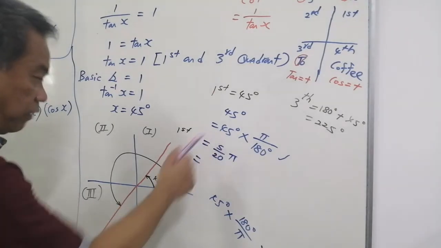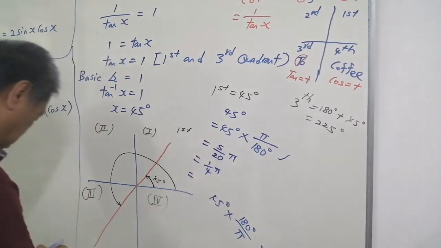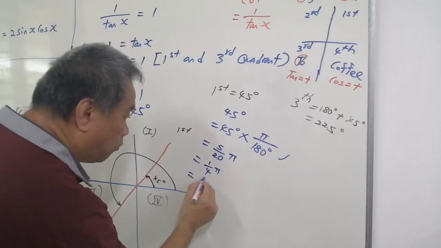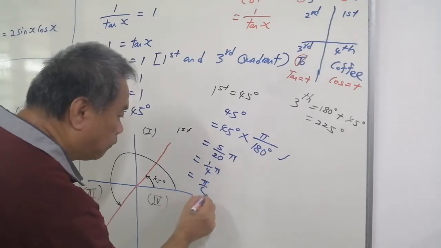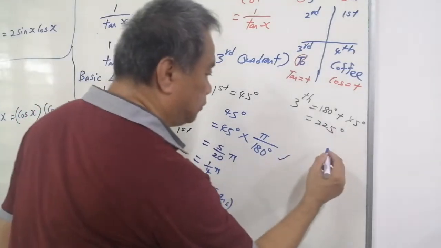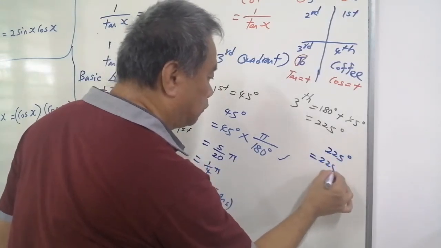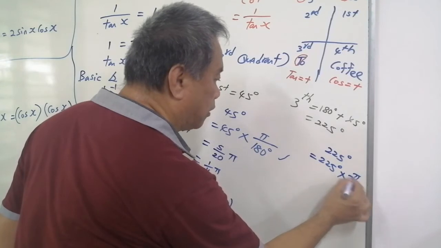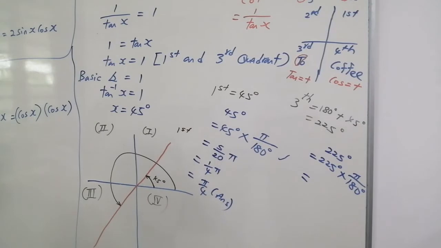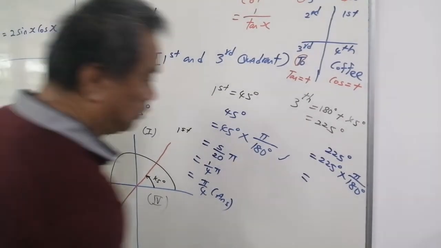Divide by 5, 1 over 4 pi, equal to pi over 4 is my answer. Second answer, 225 multiplied by pi over 180. So how do you simplify it? You can simplify by dividing by 5, then by pi again.